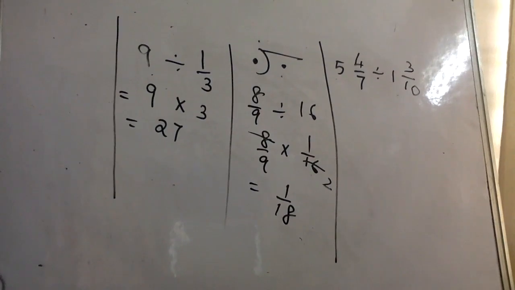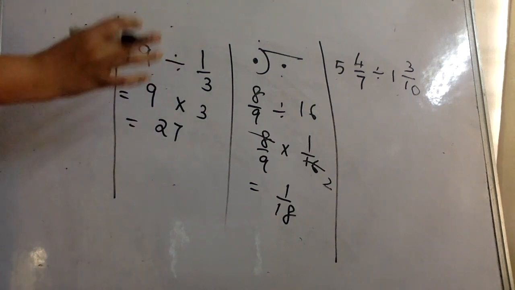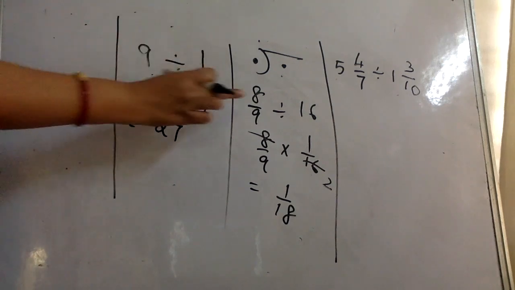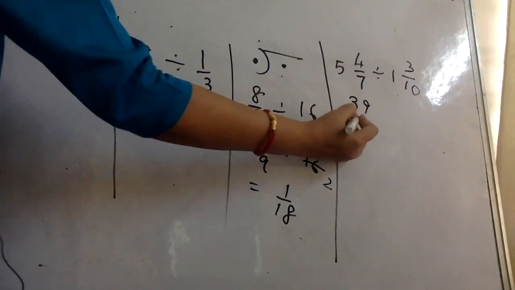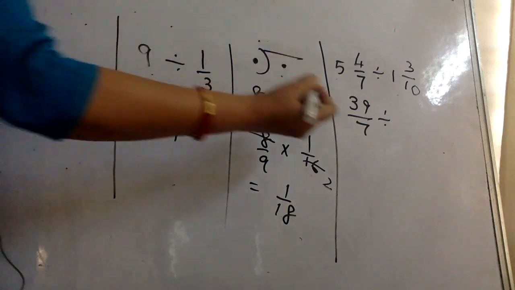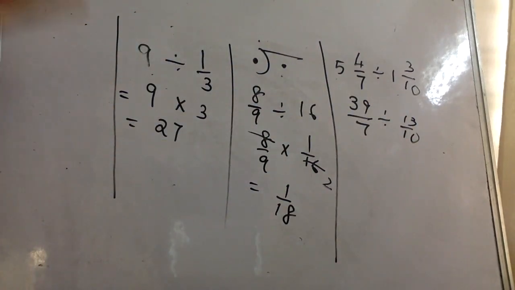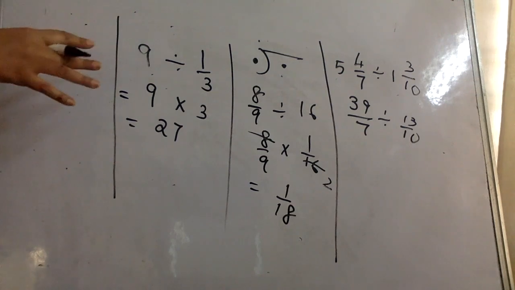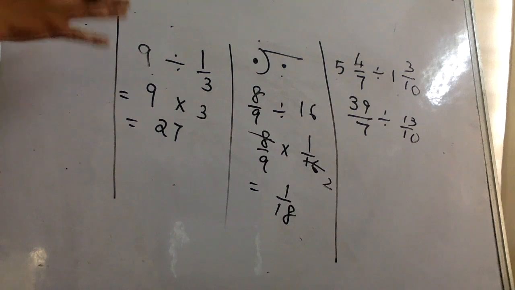Here we are going to first convert the mixed to an improper. So this becomes 39, 5 7s are 35 plus 4, 39 by 7 divided by 13 by 10. Now remember one thing, please don't try to do the reciprocal in the very first step itself. In the first step we have only changed it to improper.